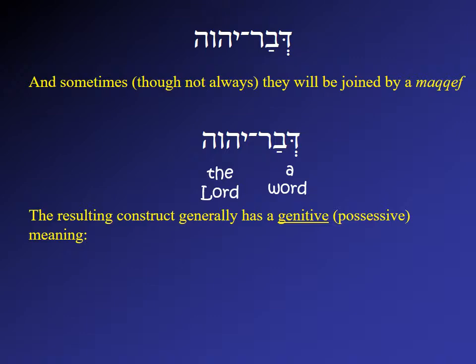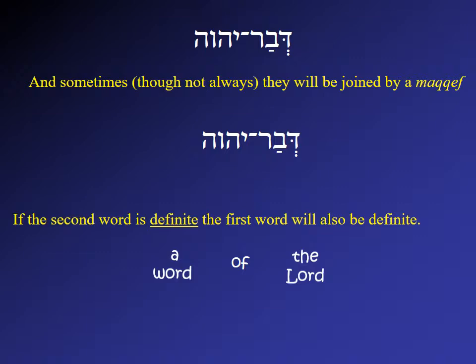So the resulting construct, in its genitive sense, so possessive, so we have devar, a word, and Adonai, the Lord. And so the relationship of these becomes, in English, we'll modify this in just a second, a word of the Lord. So the first word being possessed by the second word. Now, if the second word is definite, that is, if it has a definite article, if it's a proper name, then the first word will also be definite.